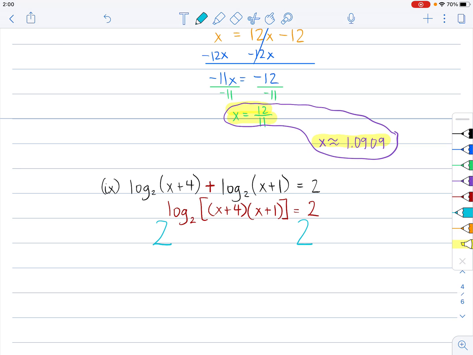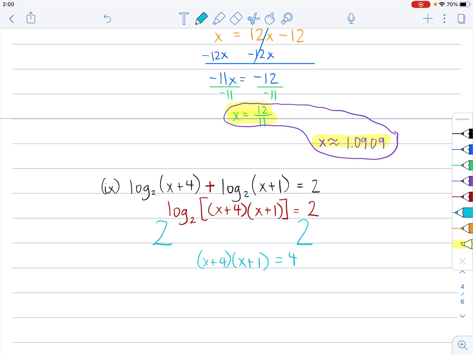I am writing my 2 big and down because we're turning what we already had there into an exponent. 2 raised to the log base 2 cancels, and x plus 4 times x plus 1 falls out. And 2 raised to the second power is 4.